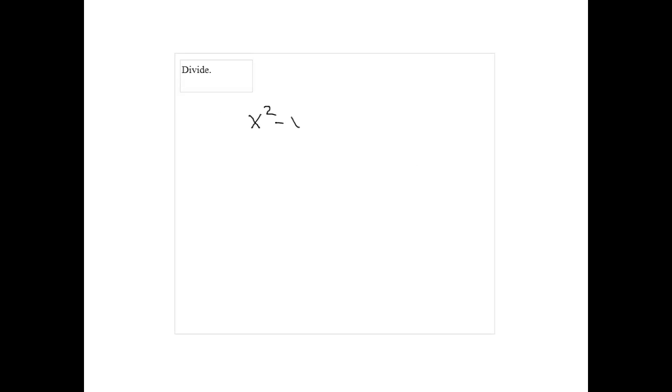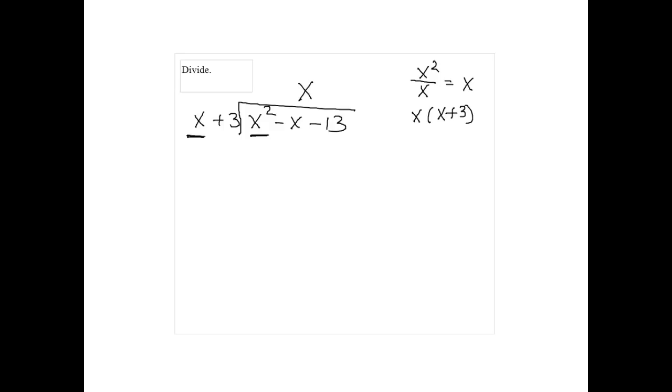Divide. x squared minus x minus 13 divided by x plus 3. First, we look at the very left terms, and we divide x squared by x, so we get x that goes on top. Then you multiply the x by x plus 3, so we have x squared plus 3x that goes on the bottom. And we subtract. When you subtract, make sure that the sign will change to negative.